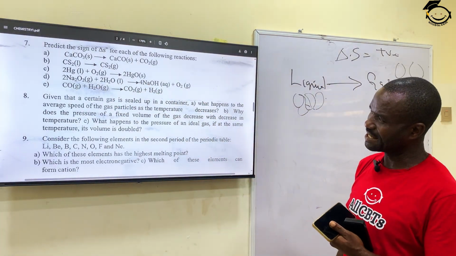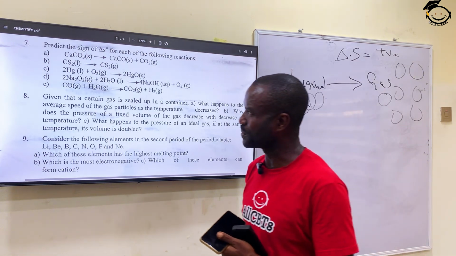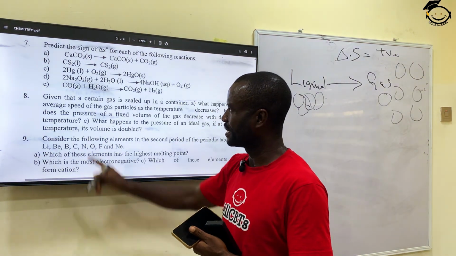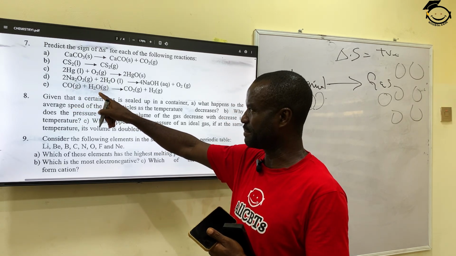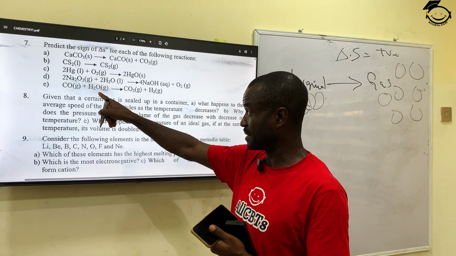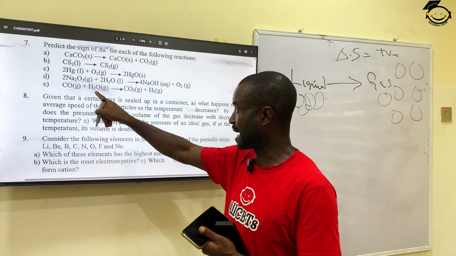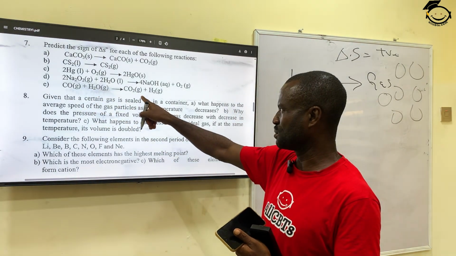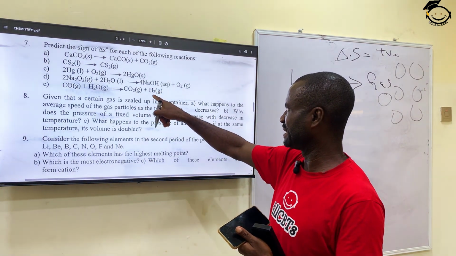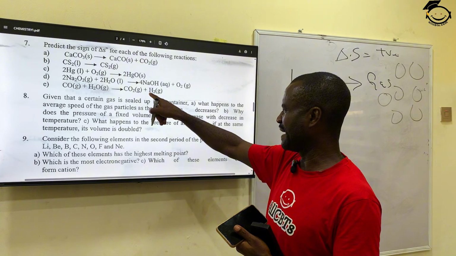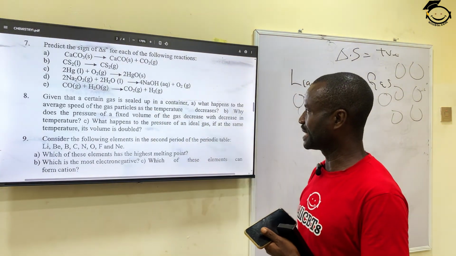Now let's look at the last question, E. This is carbon monoxide in gaseous state reacting with steam in gaseous state, which now gives you carbon 4 oxide and hydrogen gas.